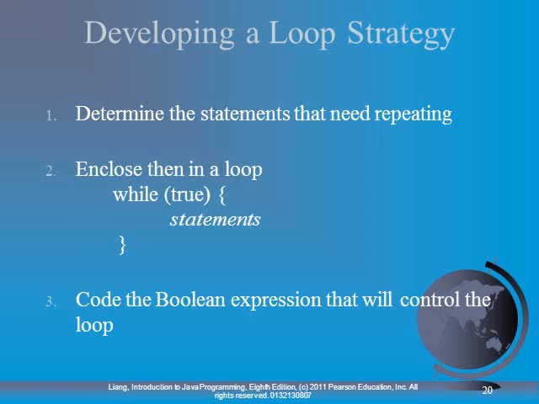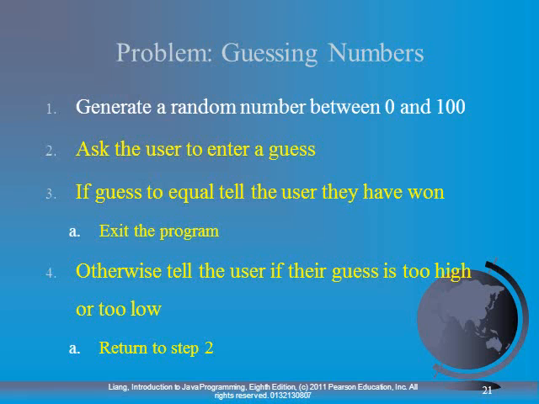Once we have the statements written, then we can go back and look at coding the Boolean expression that is going to control the execution of our loop. So just kind of plan which statements, right, do I need to execute more than one time.